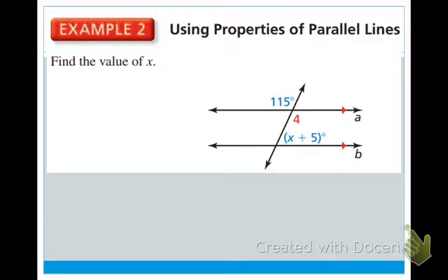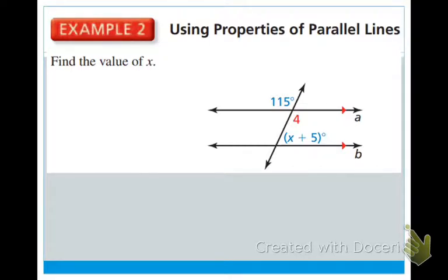Number 2, you're going to decide if they're congruent or if they're supplementary. And then step 3 will be based on if it was congruent or supplementary. Okay? So if it's congruent, what does congruent mean to me again? They're the same measure.